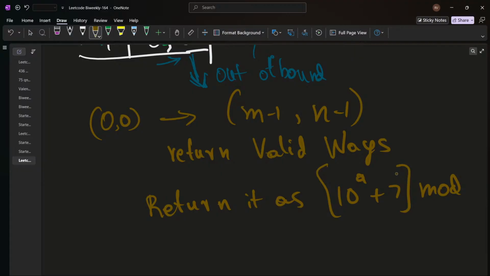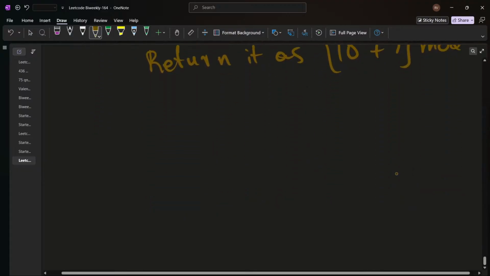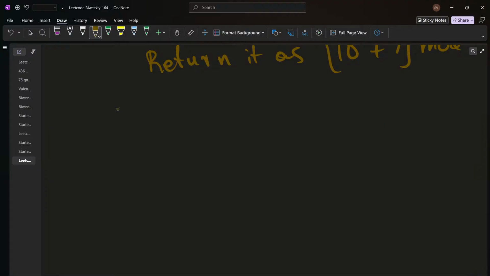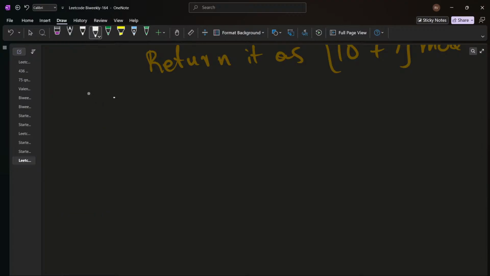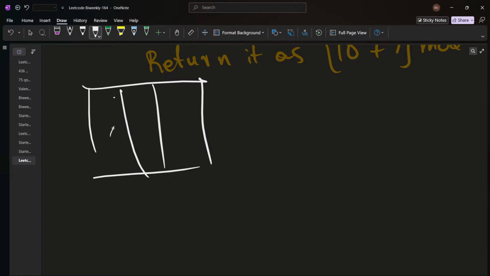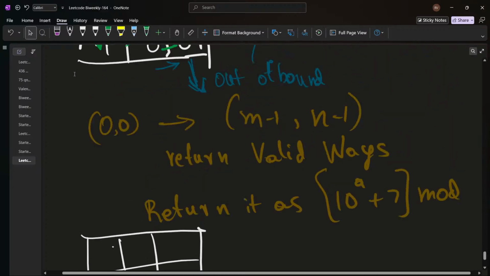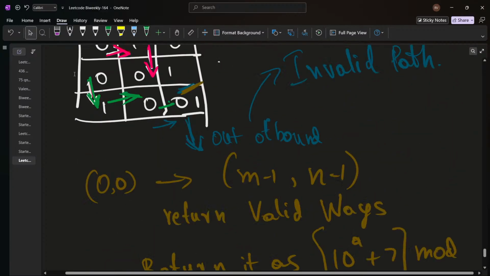Done. I'll take one small example. I'll take one more grid. Let me change the color first. 3x3 again I'll take. This time, what was the earlier one I took? 0 1 0 0 0 1.